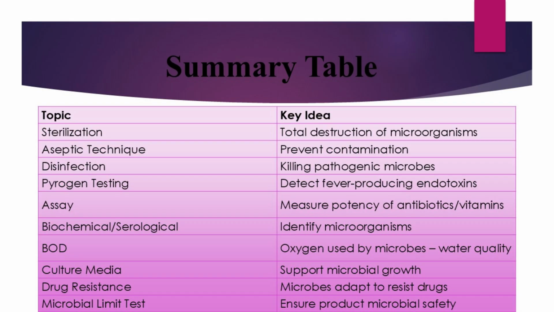Row 8. Topic, Culture media. Key idea, support microbial growth. Row 9. Topic, Drug resistance. Key idea, microbes adapt to resist drugs. Row 10. Topic, Microbial limit test. Key idea, ensure product microbial safety.